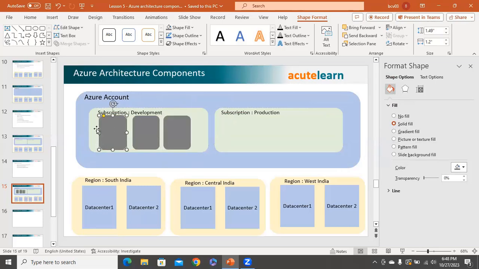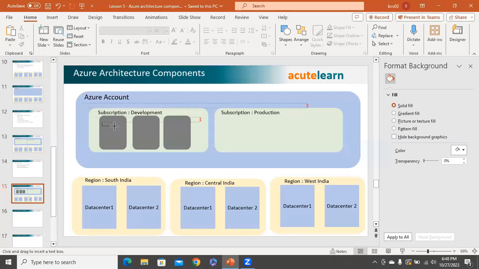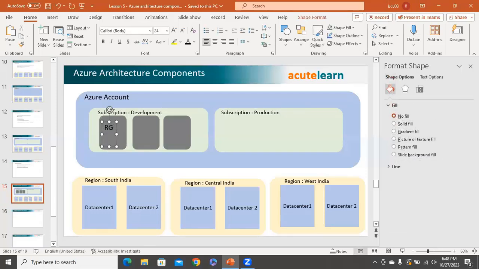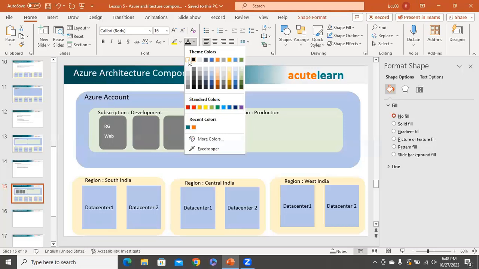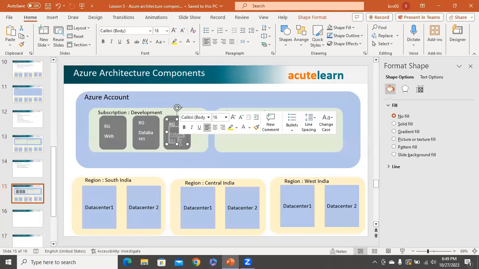So I'm calling one a resource group called web applications, a resource group called databases, a resource group called VS apps.